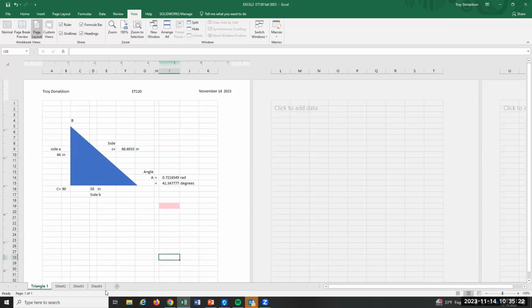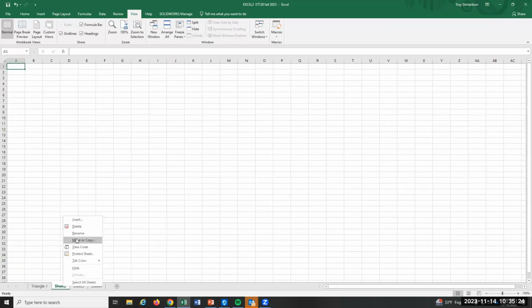Triangle 1, trapezoid, triangle 2, sum of areas, right? You can name the sheets. All right.